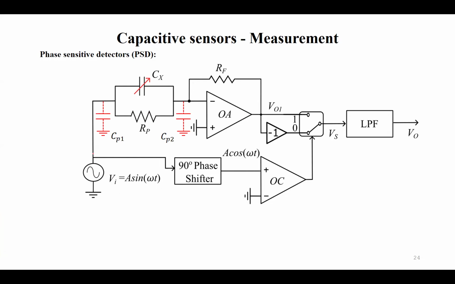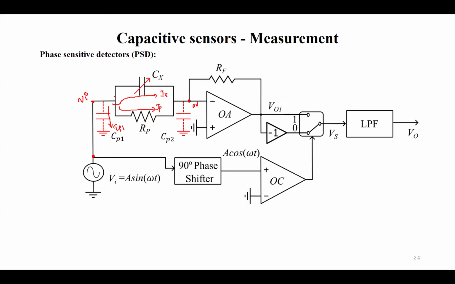Now we'll see the effect of this capacitance at the output. If I apply a voltage Vi, there will be a corresponding current, which I'll call IP1. This node is virtual ground, 0 volt. There is a current Ix and a current IP, the same Ix and IP which we discussed earlier.